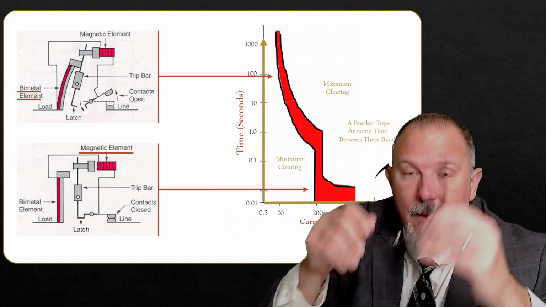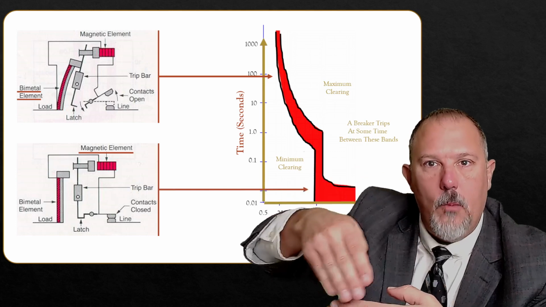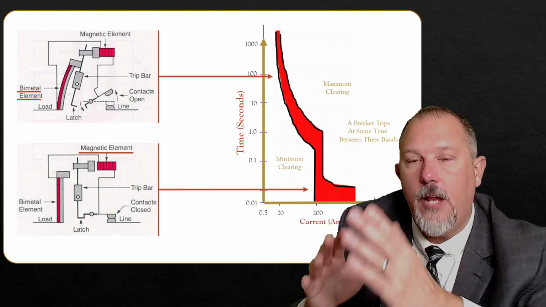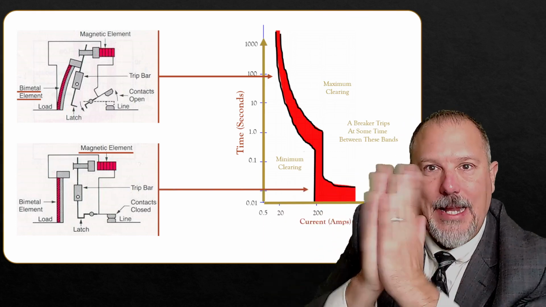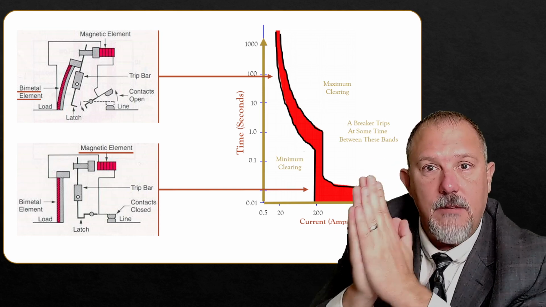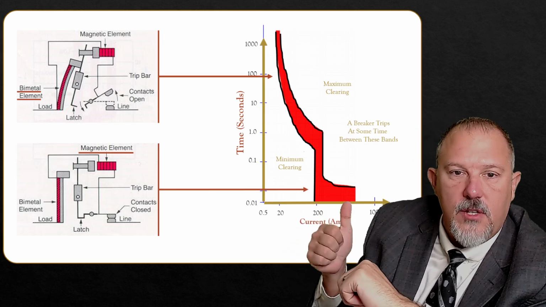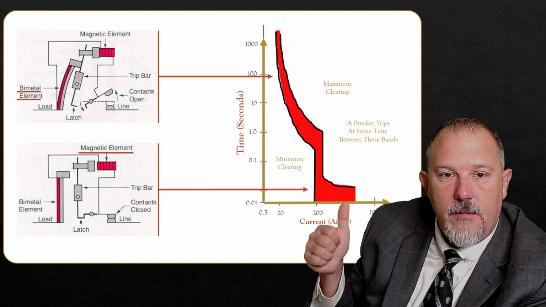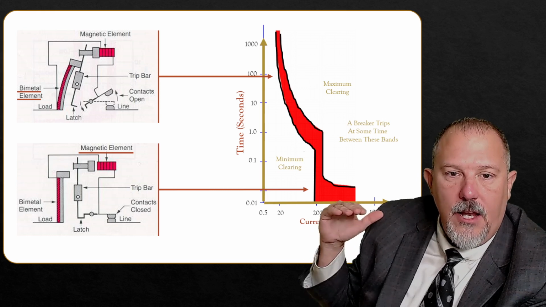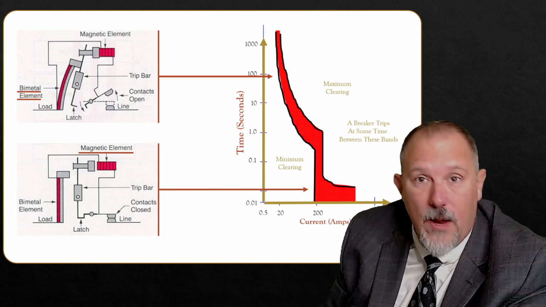You saw how the friction of that latch has to open. And you saw how that plate has to close, has to be sucked in by those high magnetic currents. Those plates are what gives you this curve down here. And look how much time you have, anywhere from 0 seconds up to 0.02 seconds, or 1.5 cycles.